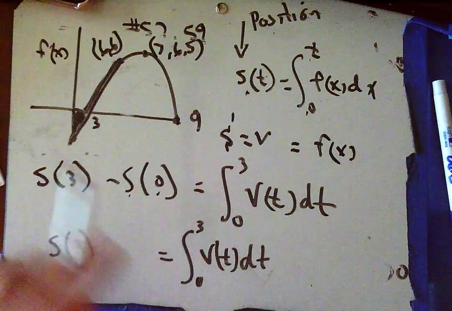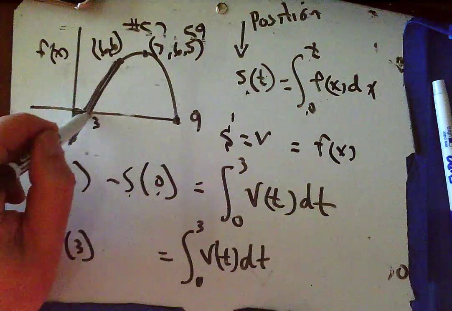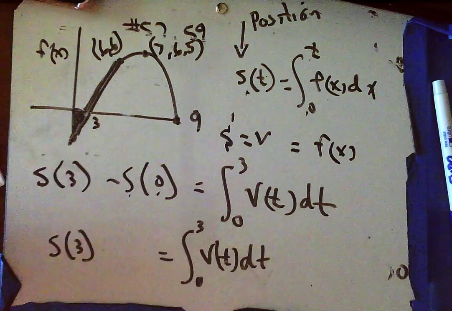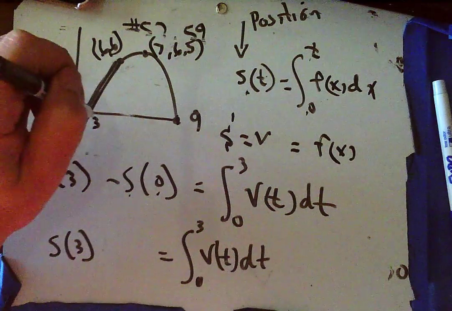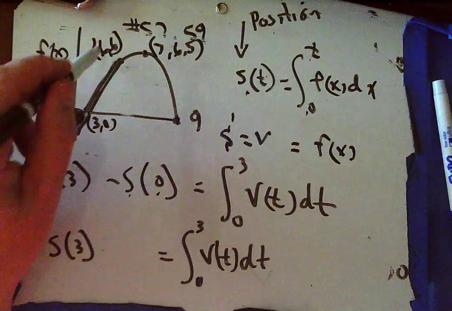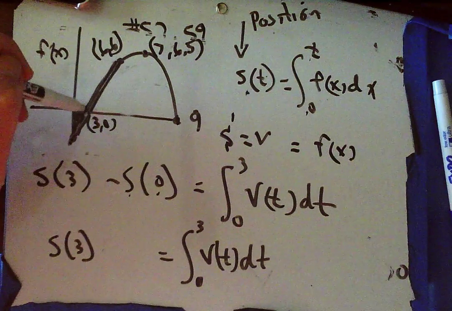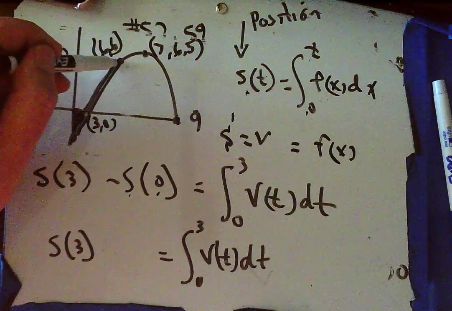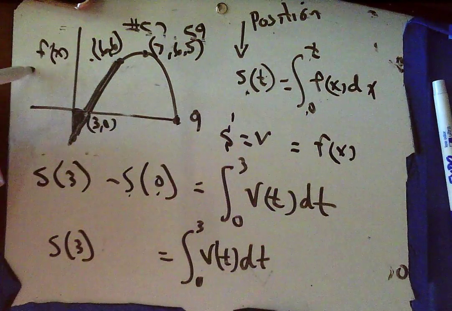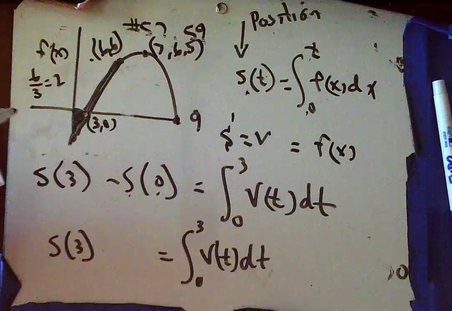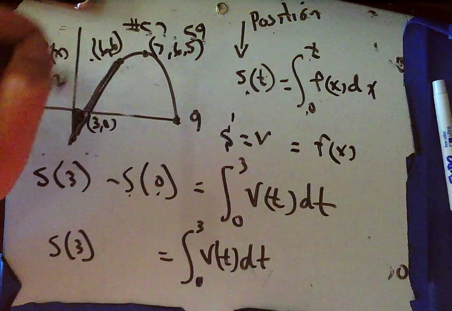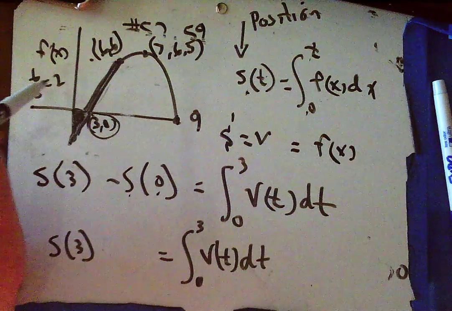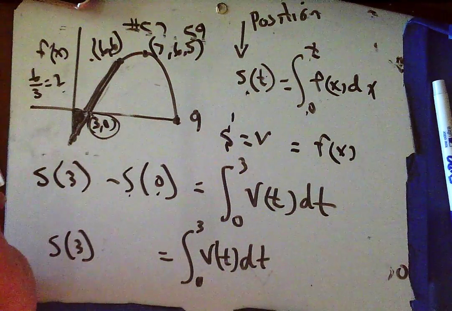Okay, so if I want to know the area of this triangle, well, I have to write the equation of the line anyway. So I have the point 3, 0, I have the point 6, 6. That means I'm going up 6 and over 3. Slope is 2. So I want to write the equation of the line that has the point 3, 0 and has a slope of 2.